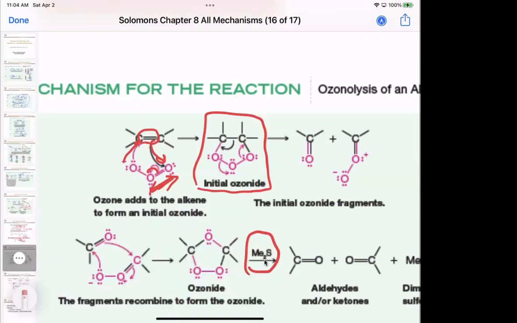The first fragment turns into our ketone right here, and then we have another fragment with this oxygen ion. Now, they don't have that much time to float away from each other. So now we have two reactive species. Again, we have our cation here, which can move from here to here.